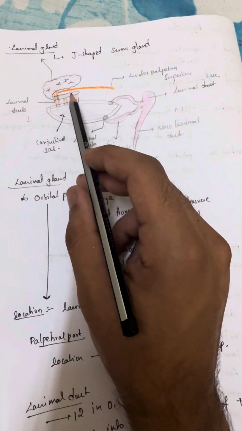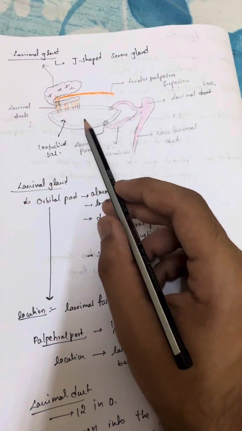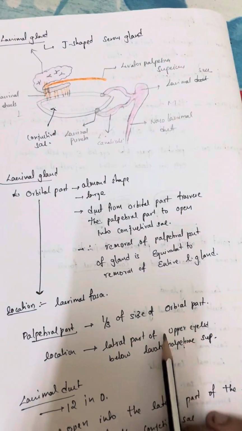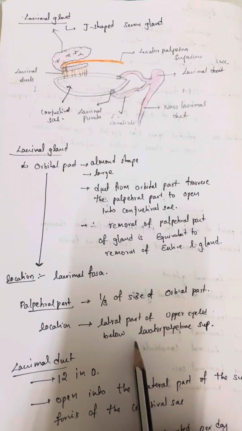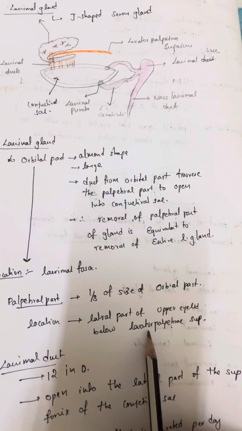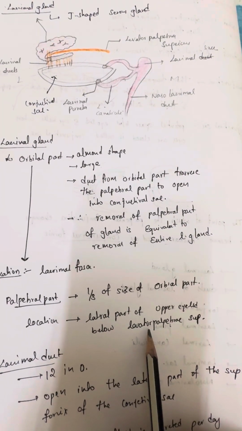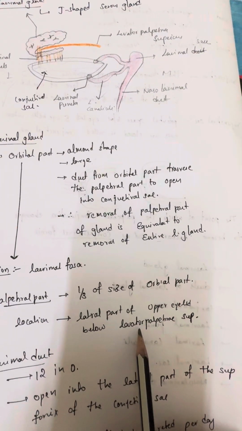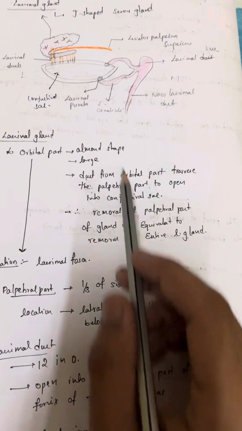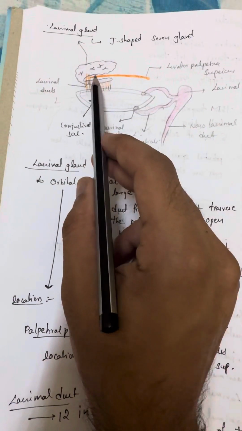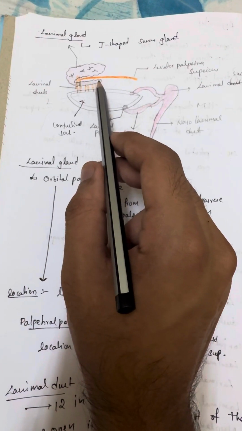And the palpebral part is small, about one third the size of the orbital part, and its location is the lateral part of the upper eyelid below the levator palpebrae superioris. This is the muscle. It is an almond shaped and J-shaped serous gland.